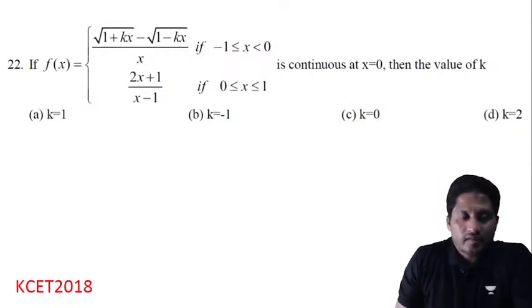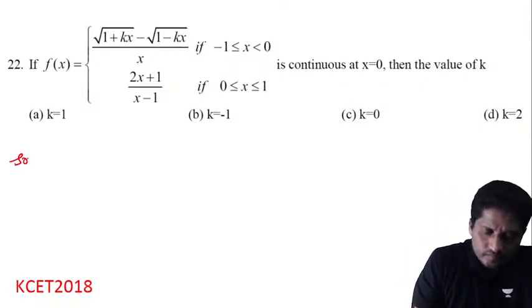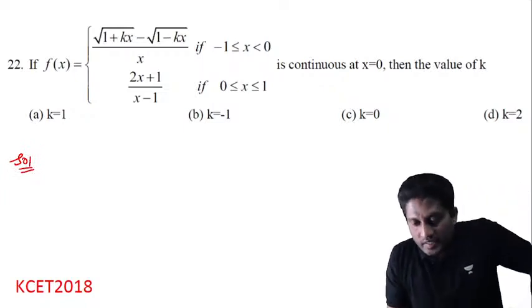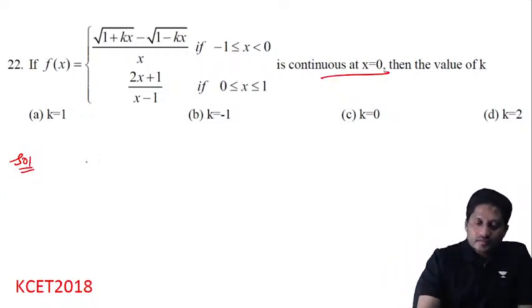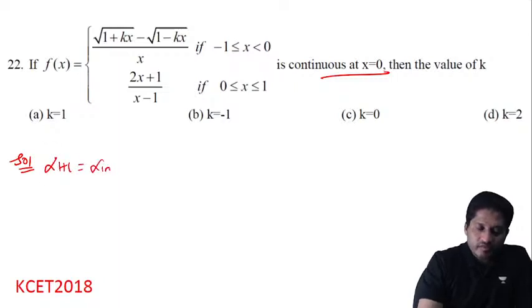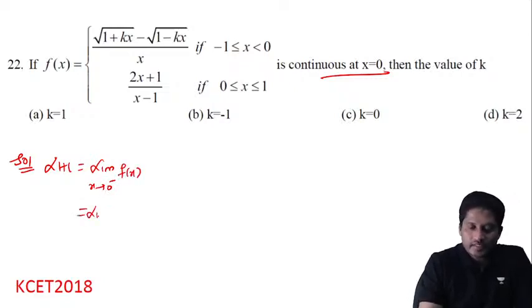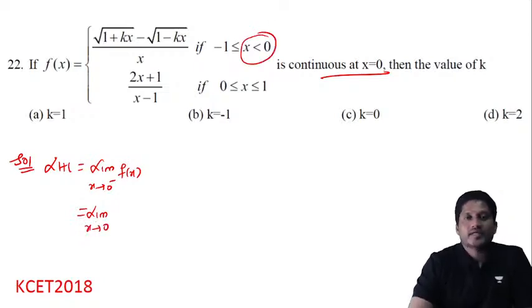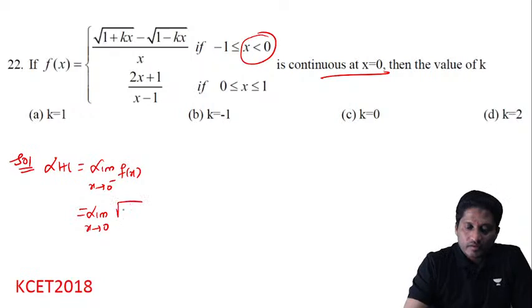Okay. It's already continuous at 0. Left hand limit is equal to limit x tending to 0 minus f(x), less than 0 is left hand limit, right? Root of 1 plus kx minus root of 1 minus kx, the whole divided by x.